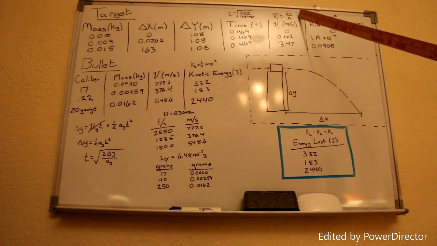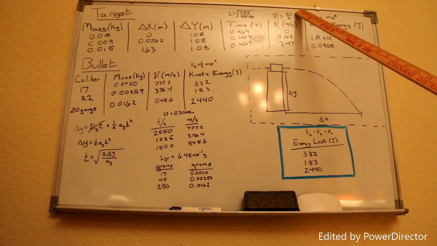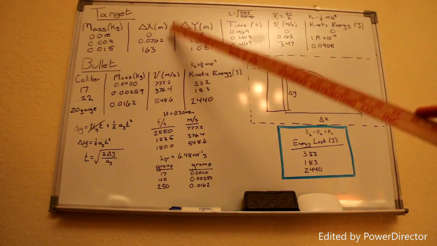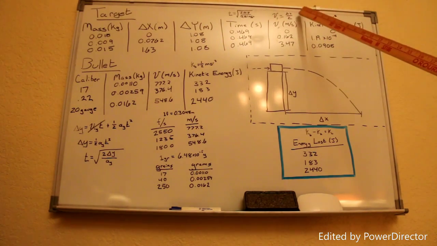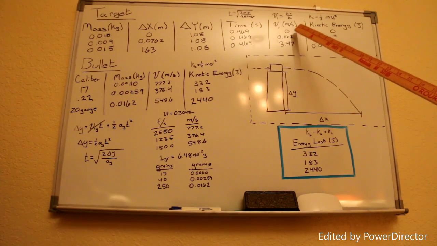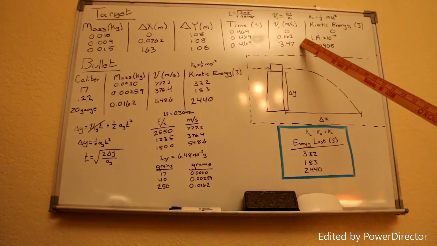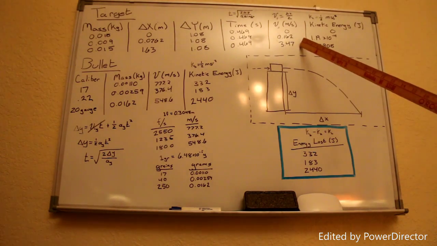Our velocity of the target was found using the velocity equation, change in position over change in time. We plugged in our delta X values for each target along with their time values to find their velocity in the x direction to be 0 meters per second, 0.162 meters per second, and 3.47 meters per second.